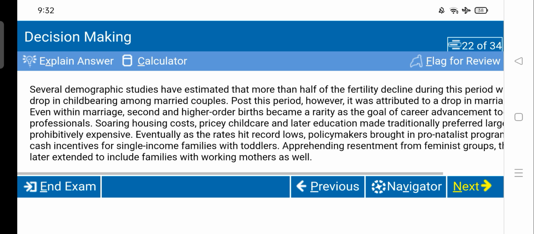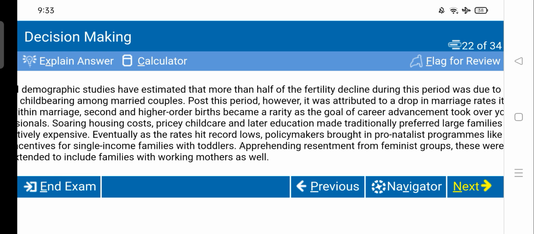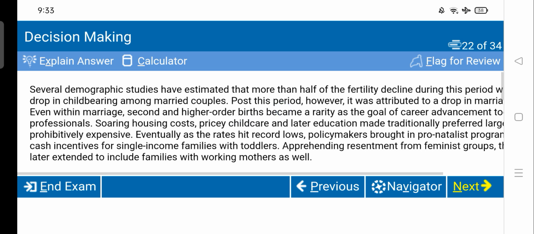Next we have: several demographic studies have estimated that more than half of the fertility decline during this period was due to a drop in childbearing among married couples.